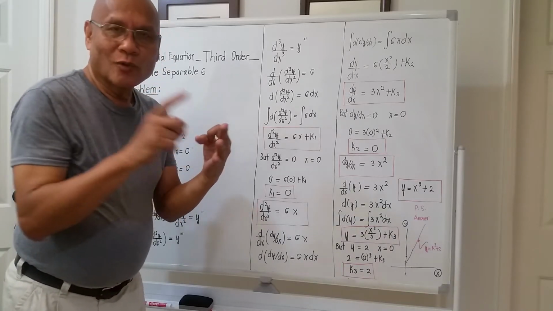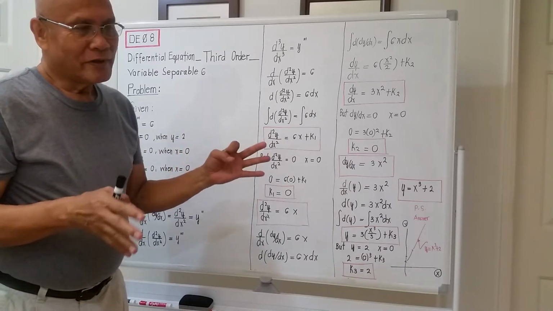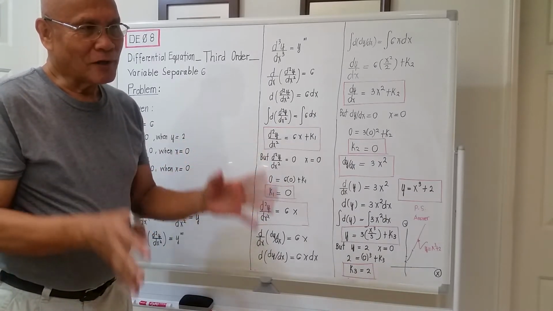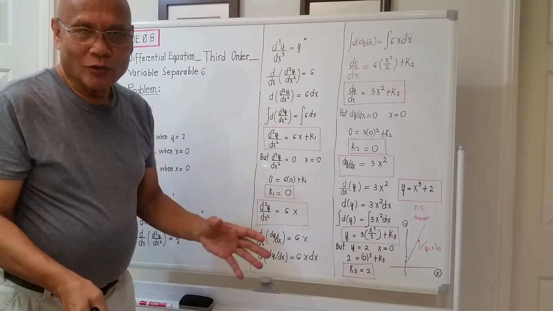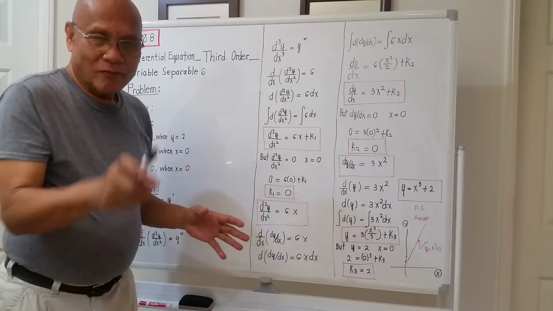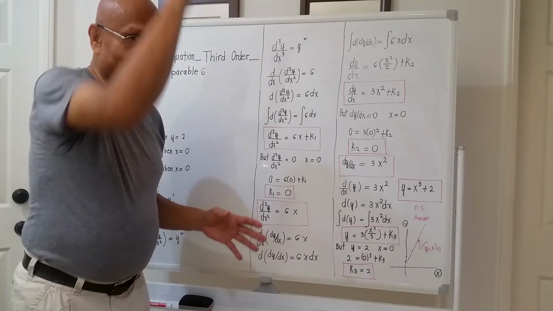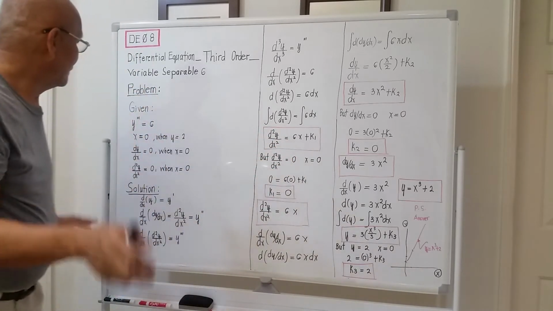So this afternoon I will be discussing third order. Then maybe the next topic will be application problems of a variable separable differential equation in real life. I will give you an example problem of a falling satellite coming from space. That's the next topic.